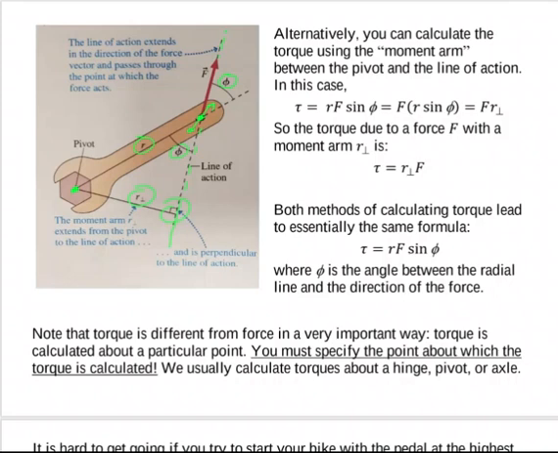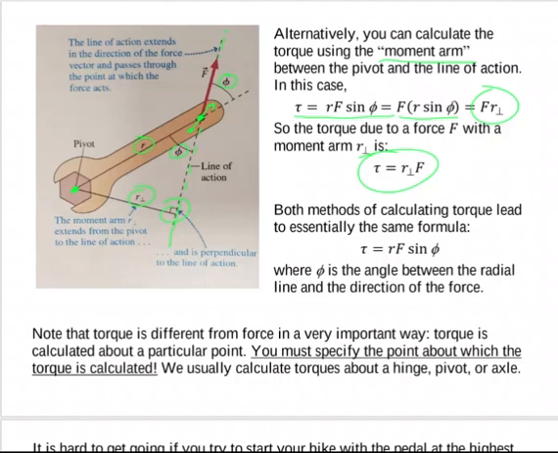So now we have the moment arm between the pivot and the line of action. And because of this right triangle that we've created, the torque would equal R times F times sine phi, or we could write it like this. And because we have what I have in parentheses there, then we have torque equals F times R perpendicular. So now the torque due to a force with a moment arm would be this force.